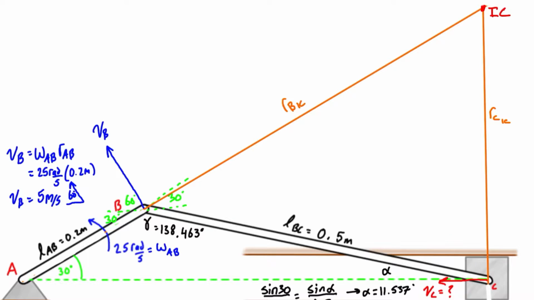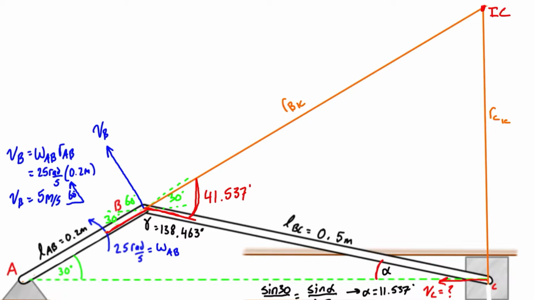Alright, so now we have this triangle here, and we want to figure out what some of the angles are. If we look here at point B, we've already measured this angle here to be 138.463. And so if we take 180 minus that, we're going to find this interior angle here. And 180 minus 138.463 is 41.537 degrees.